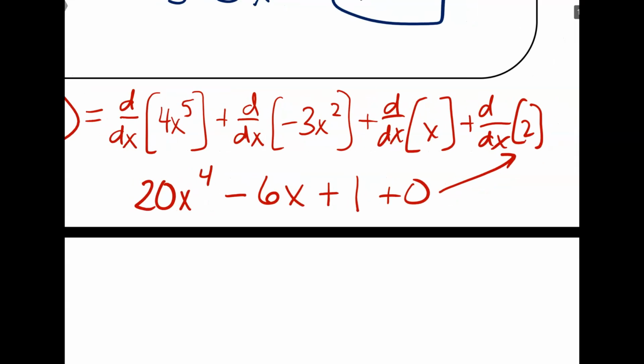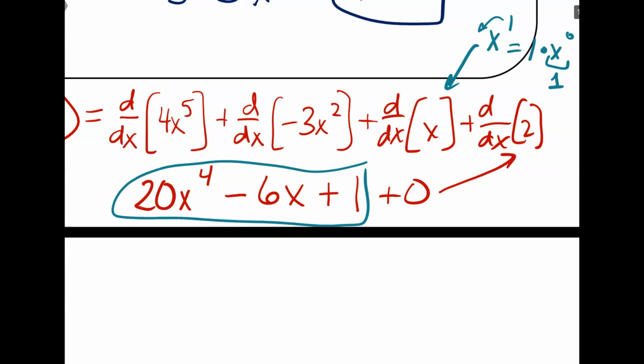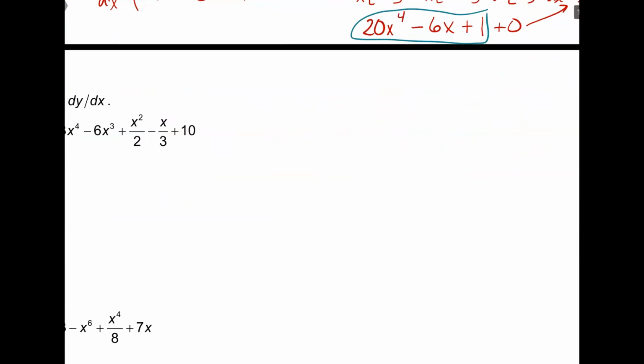Trick play. Here, this is x to the first power, right? So I bring the 1 down, so now I have 1 times x to the 0. What's x to the 0? 1. So that's why it's just 1. Cool, all right, so this is our little answer. So far, so good.